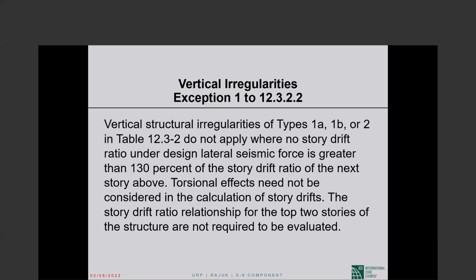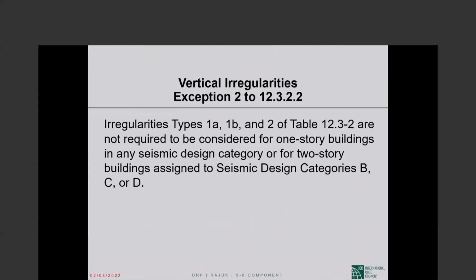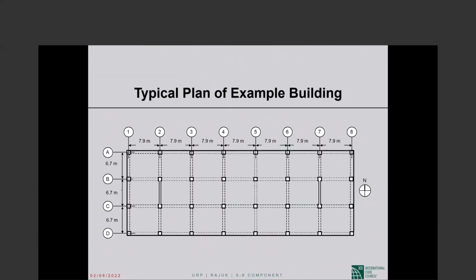Top two stories need not be considered. Irregularities type 1A, 1B, 2 are not required to be considered for one-story buildings in any seismic design category or for two-story buildings assigned to design category B, C, and D. This is an outright exception.